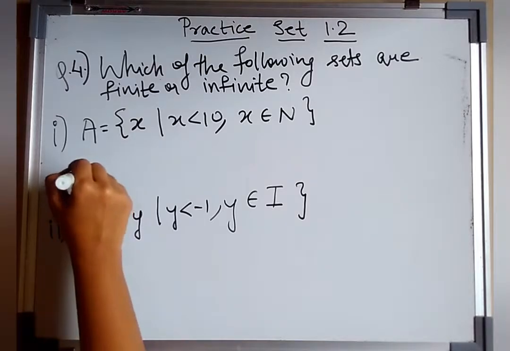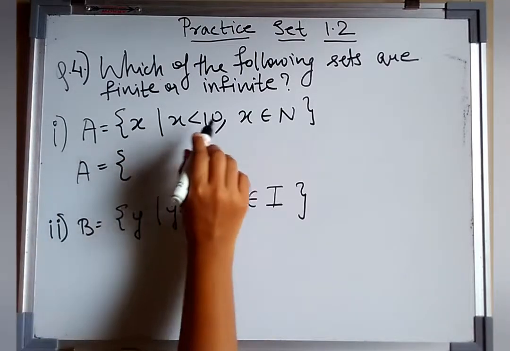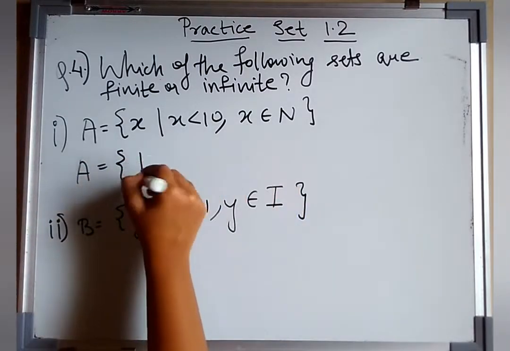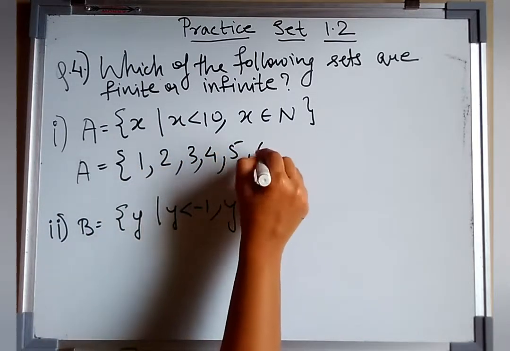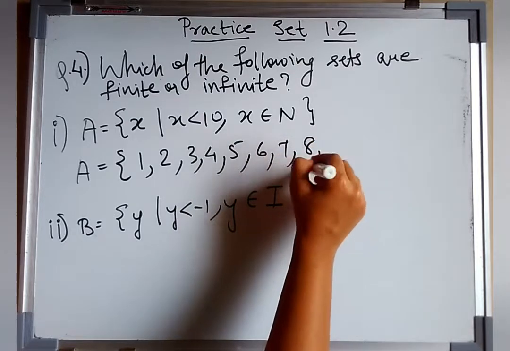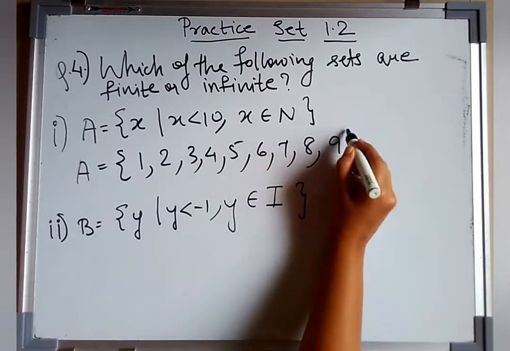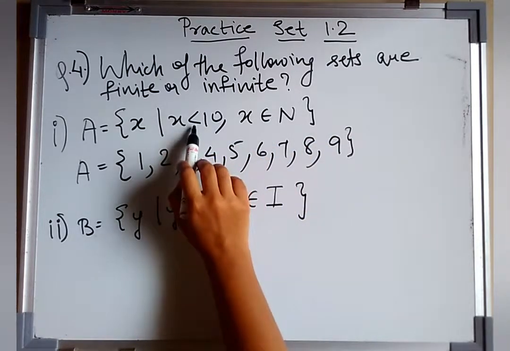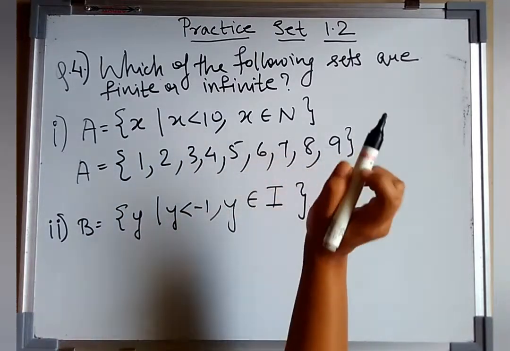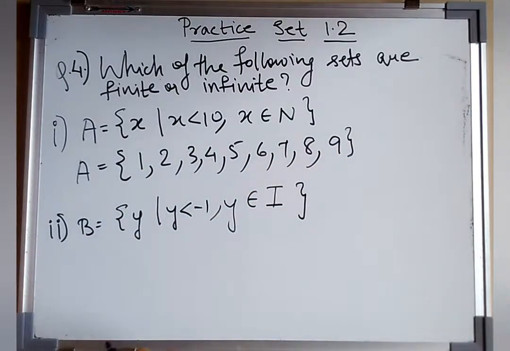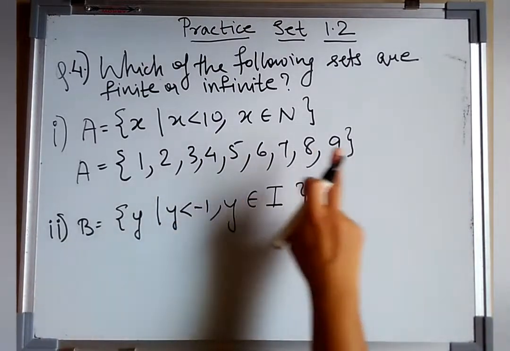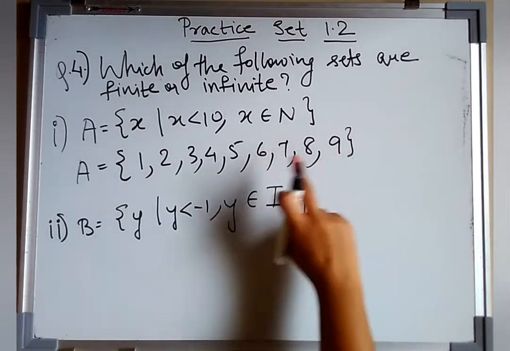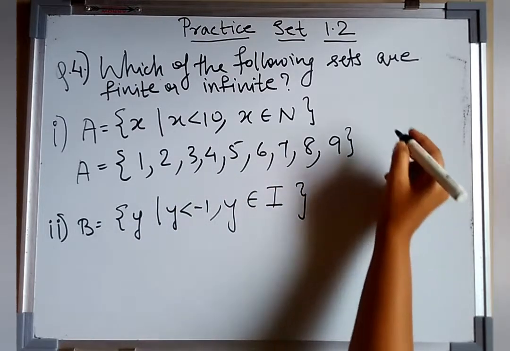So we will try writing the set. x starts with 1 and then 2, 3, 4, 5, 6, 7, 8 and 9, and I stop here because I want the condition that x should be less than 10 to be satisfied. Until 9 the condition is satisfied. Now here A has a limited number of elements, so A is finite.